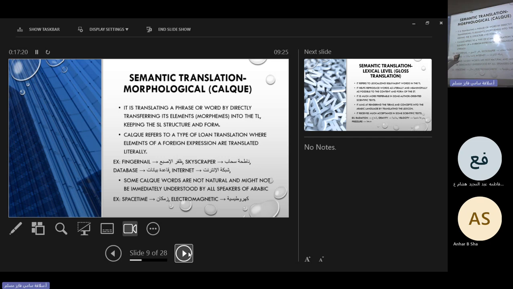Example: fingernail, ضفر الإصبع. So what did they do? They divided the word into two, finger and nail. So when they translated it, they put إصبع for finger and ضفر for nail.